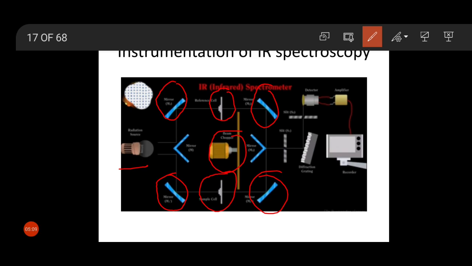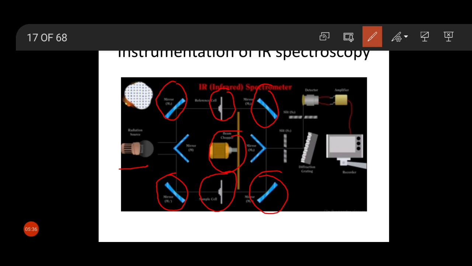The first part of the IR instrument is the radiation source. Radiation sources are electrically heated from 1200 to 2000 degrees Celsius to produce IR radiation. Next part is mirror M1 and M1 dash, used to reflect the IR radiation towards the reference cell and sample cell.